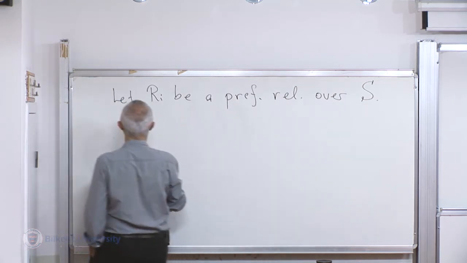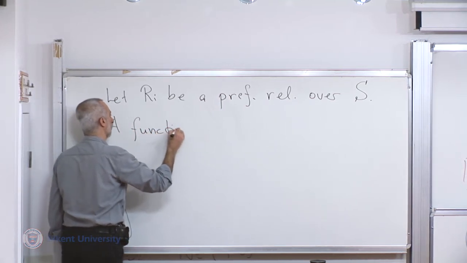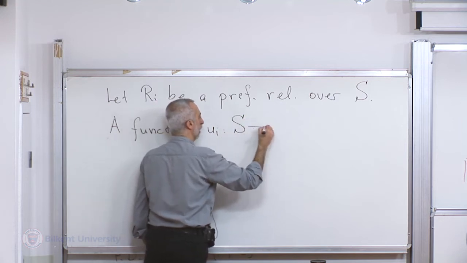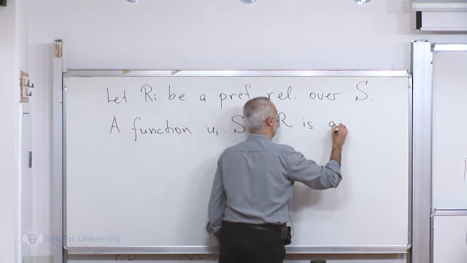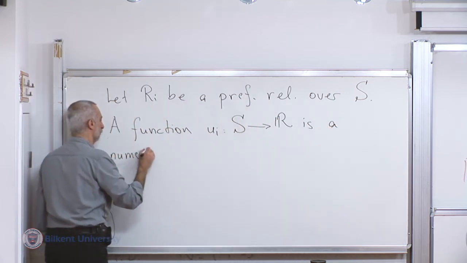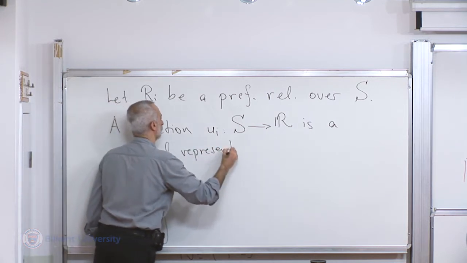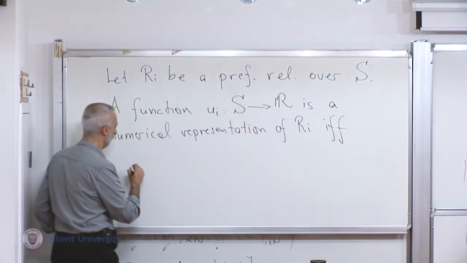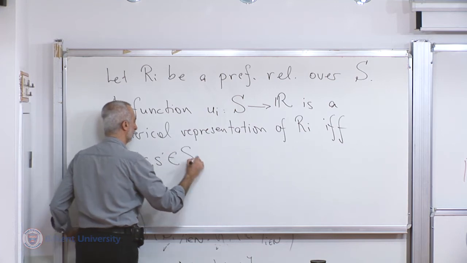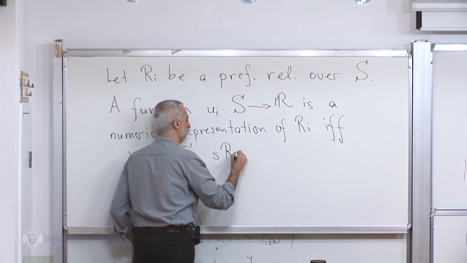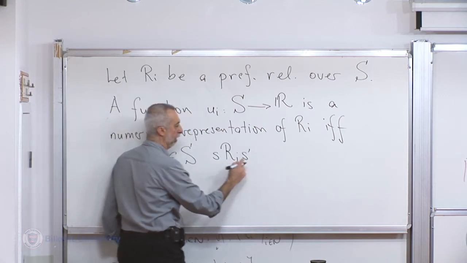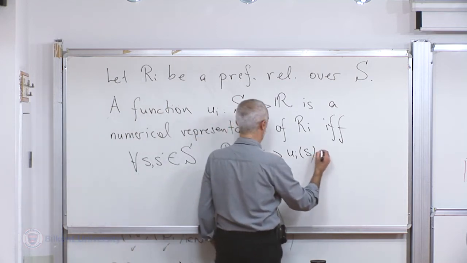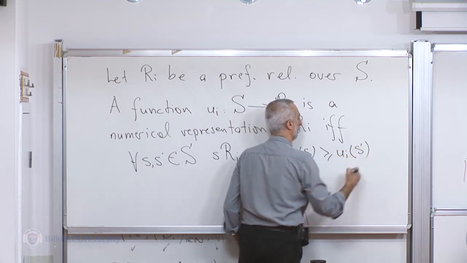S. A function, be careful, it's a function, not the function, a function Ui, whose domain is S and range is the set of real numbers, is a numeric representation of Ri if and only if, take any two strategy profiles, S is at least as good as S prime for agent i if and only if the number assigned to S by the function Ui is greater or equal to the number assigned to S prime by Ui.